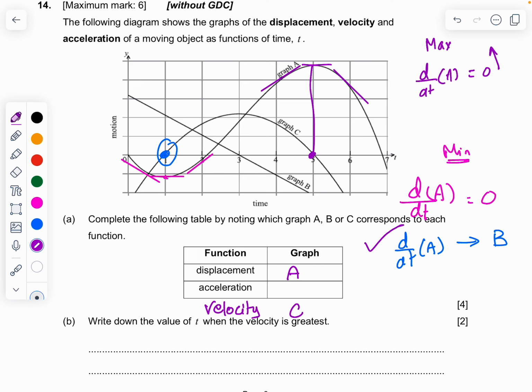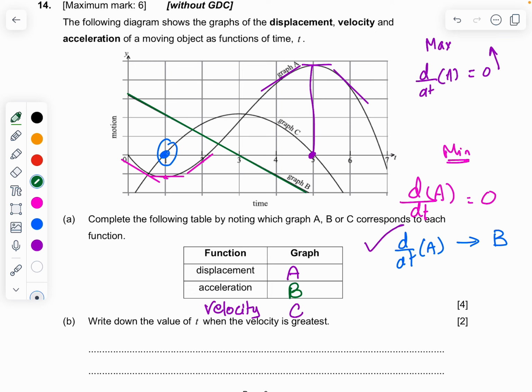What about the acceleration? Now you can see that in the 0 to 1 part, where I do it in a different color. Obviously graph B will become the acceleration graph. The leftover graph is going to be the acceleration.